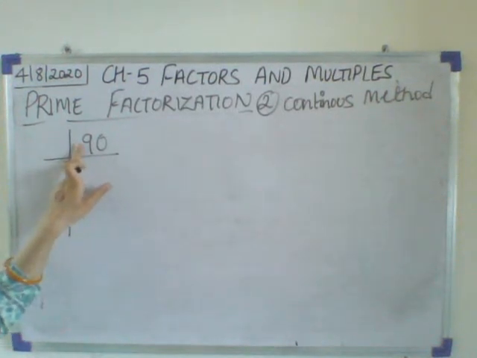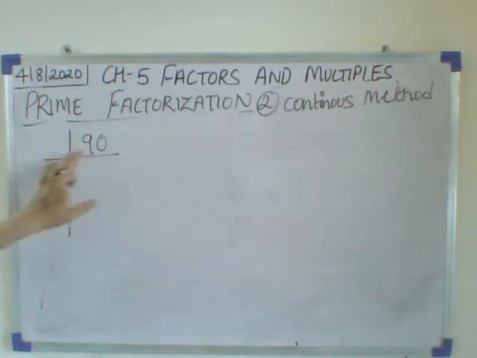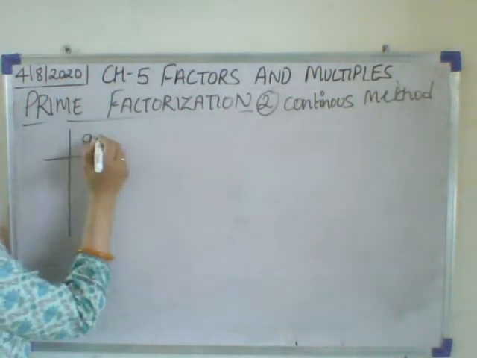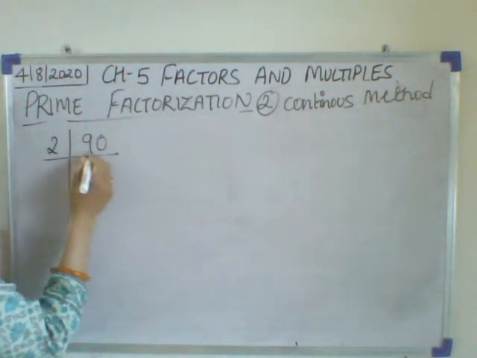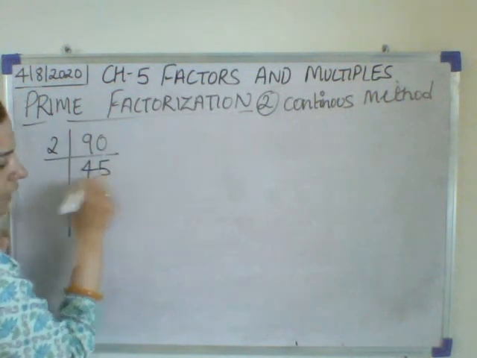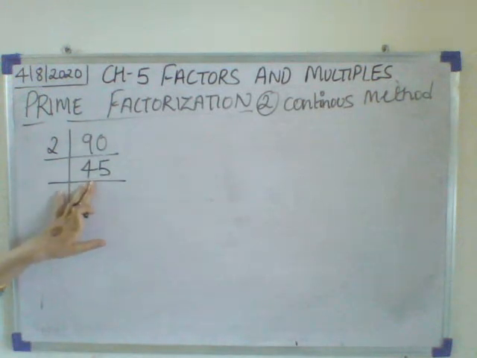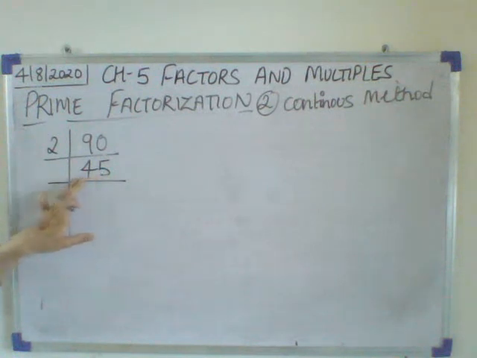Then you have to do it until you cannot divide anymore. Then continue dividing by the next higher prime factor and repeat the process till you get 1. So I am taking 2, it is divisible by 2, yes, 45. Now 45 is not divisible by 2, but it is divisible by 3.